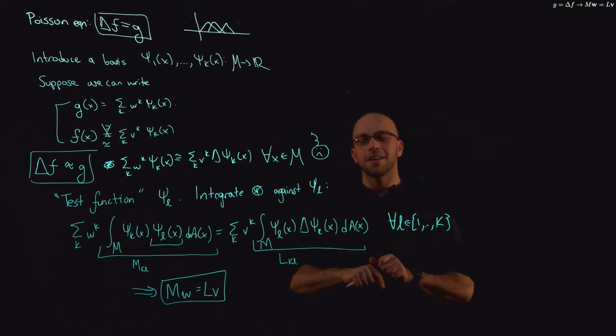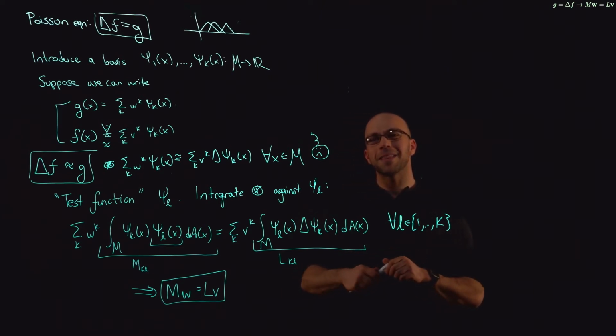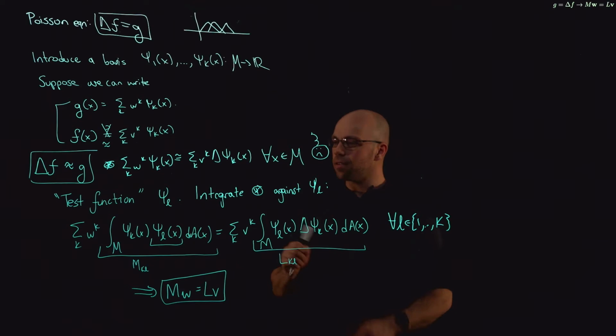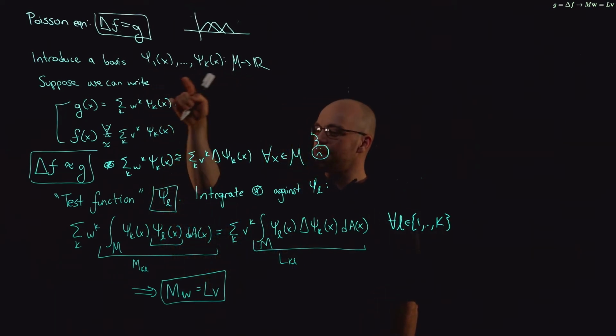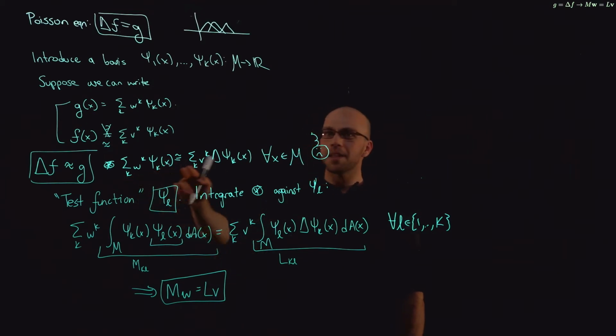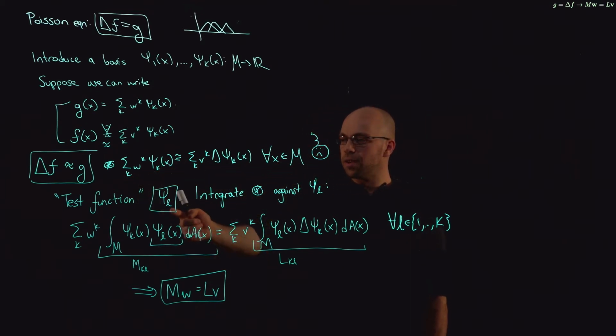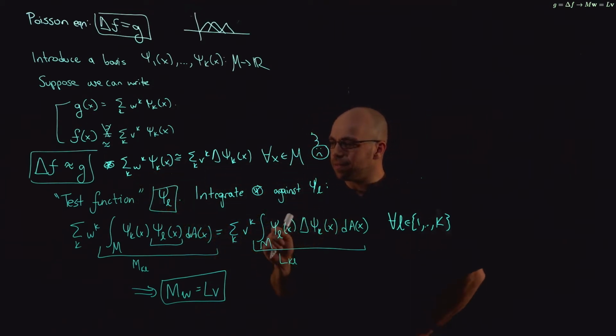So instead, the Galerkin finite element method does something really sneaky. It says, okay, I'm going to grab another function psi sub L from the same set here. I'm going to take my star expression and integrate both sides against psi_L.